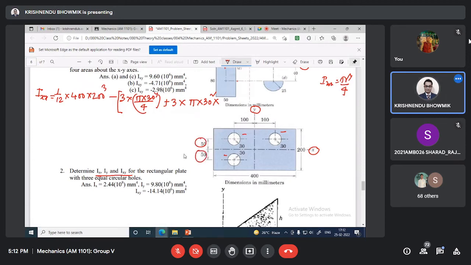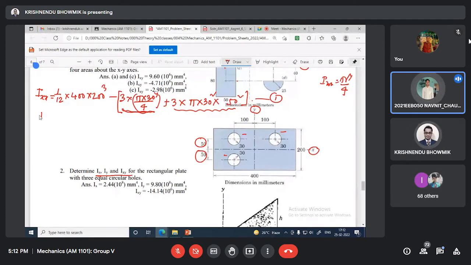It is also 50. So plus 50 square, minus 50 square. It is 50 square. This is the IXX. Have you understood this point? Due to these 3 cutouts, this is with the centroidal I value and this is the A D square expression. Have you understood this point? Equation 1. Yes or no? Yes, sir.